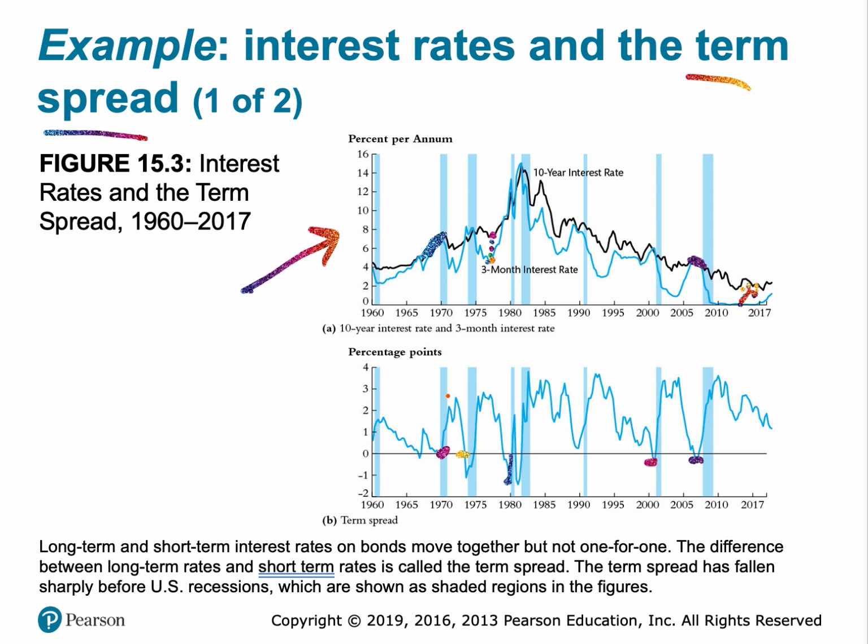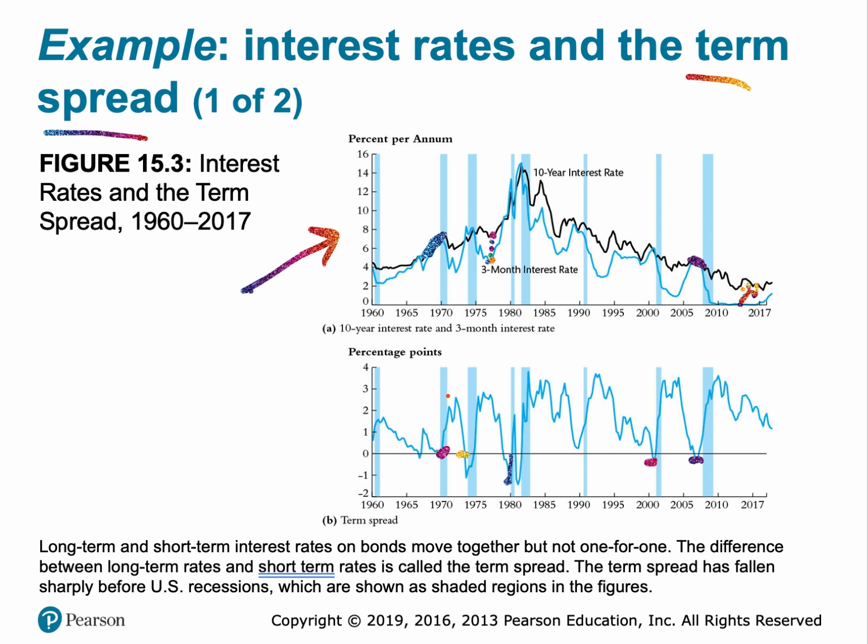All right, so what is going on here? This is a flight to safety. This is investors, the demand for long-term bonds going up as investors expect that the short-term outlook is becoming more grave.